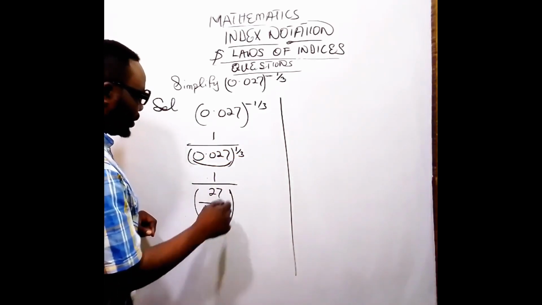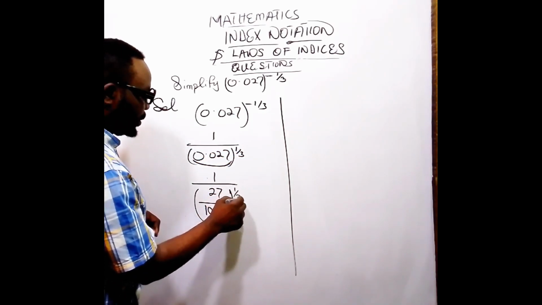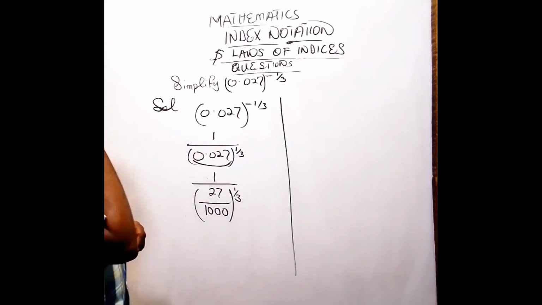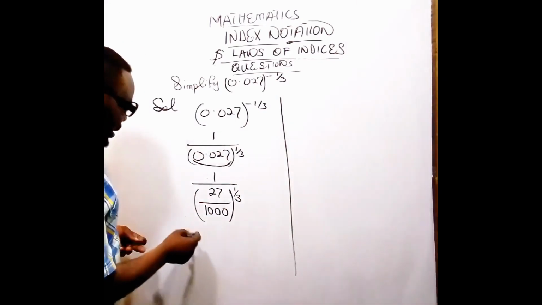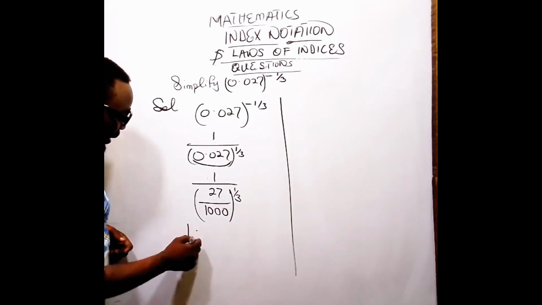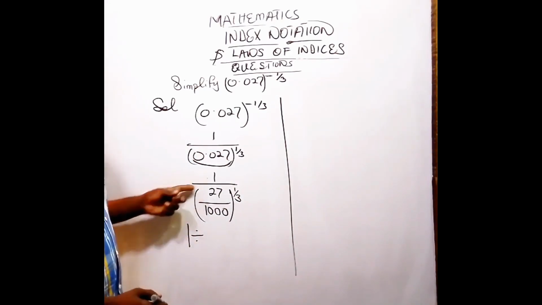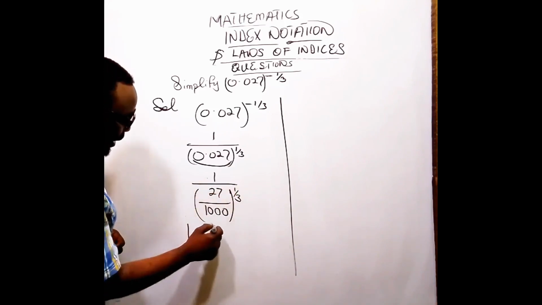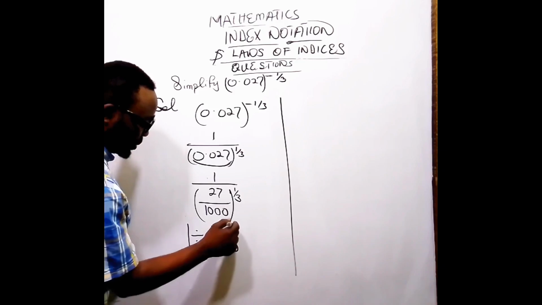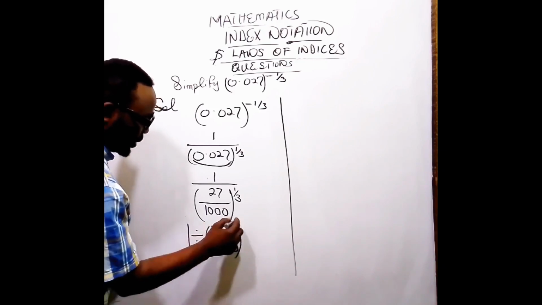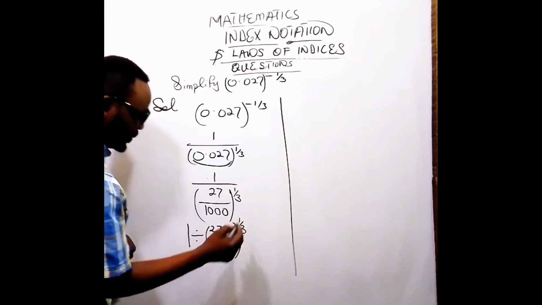So it's still raised to the power of 1 over 3. Don't forget that. Now, for convenience, you can make it 1 divided by 27 over 1000 raised to the power of 1 over 3.